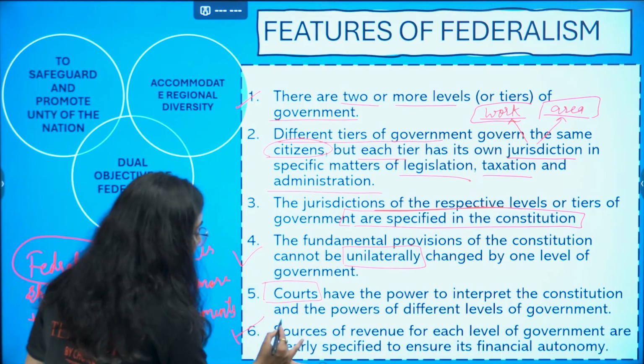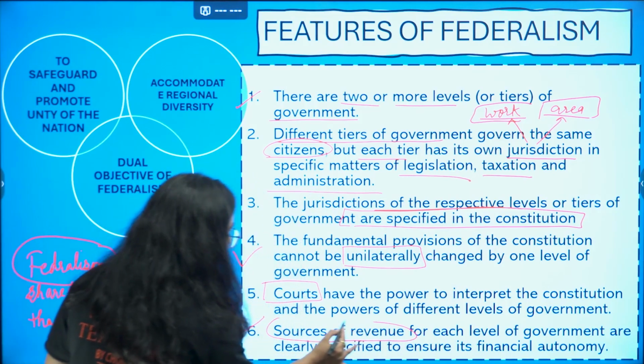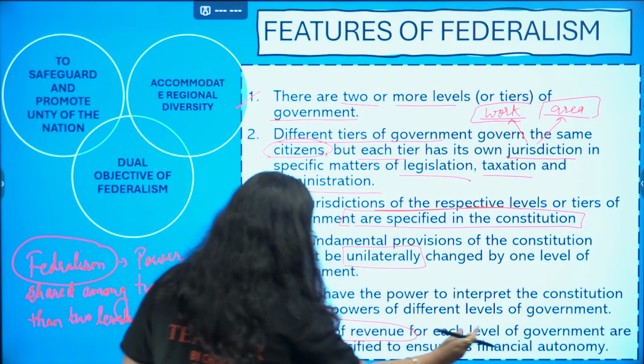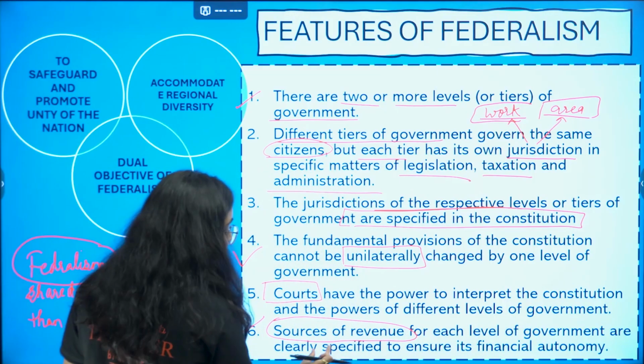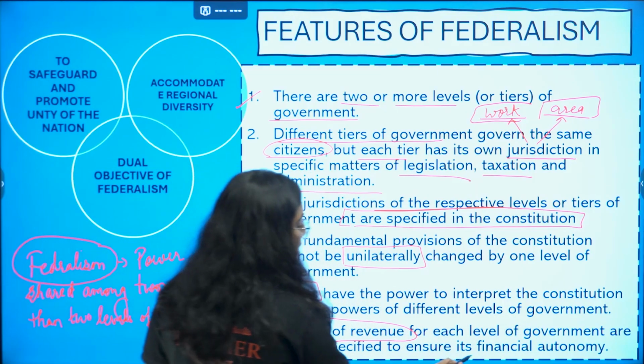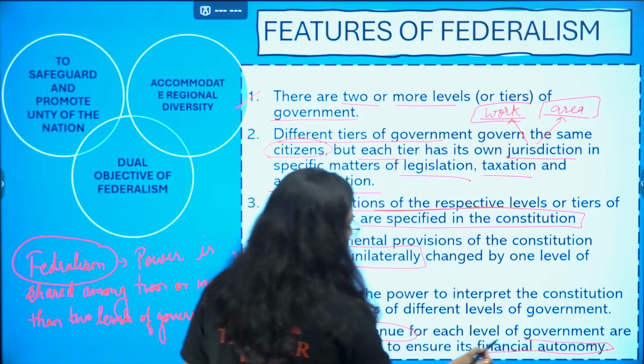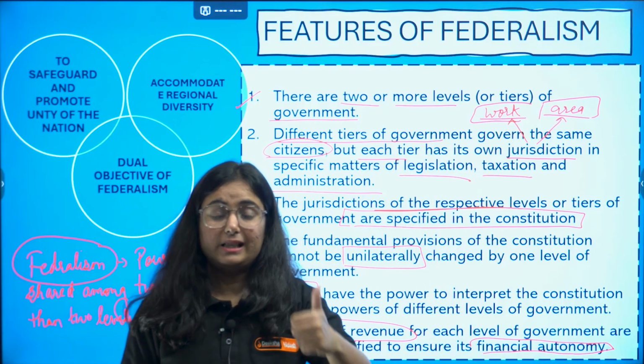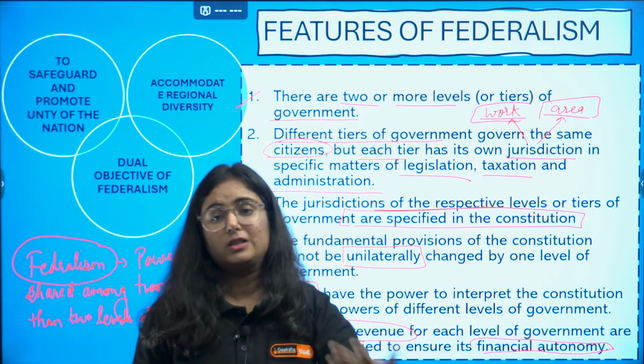So basically the sources of revenue for each level of government are clearly specified to ensure its financial autonomy. So this is what makes federalism and the features of federalism.